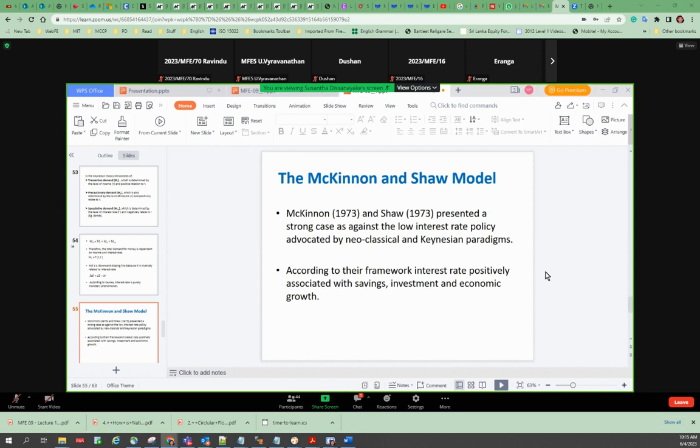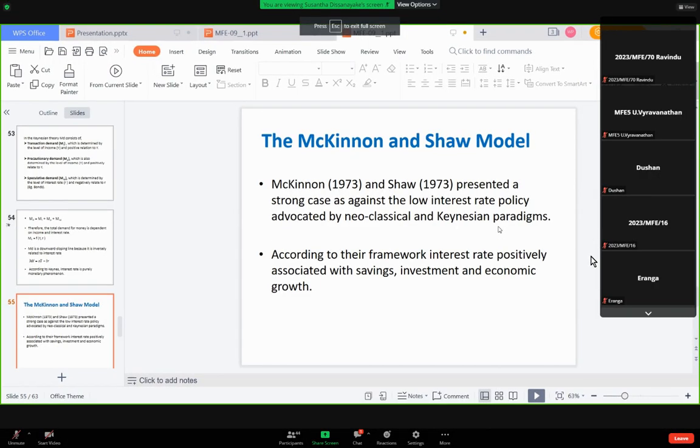It also has a little criticism. In everything there is a criticism, but to some extent there is a possibility to measure financial development. That's the information I need to share with you.